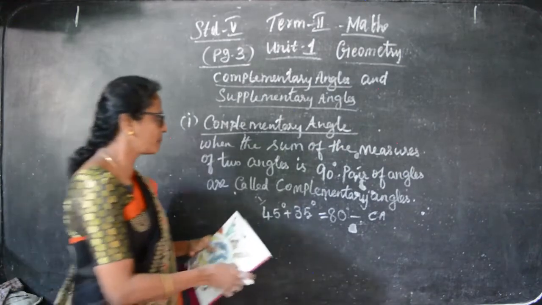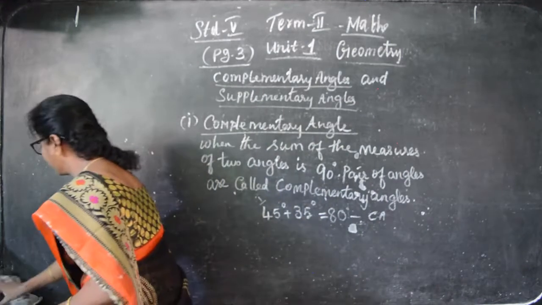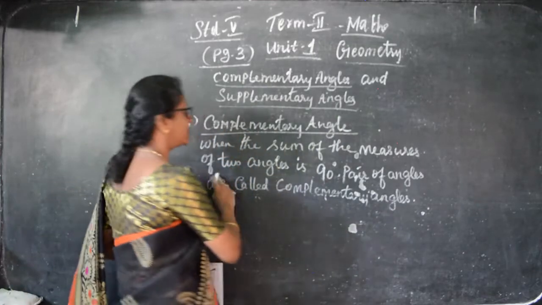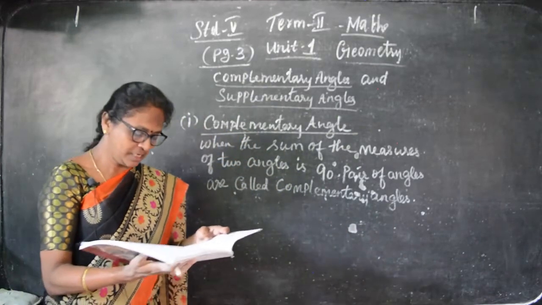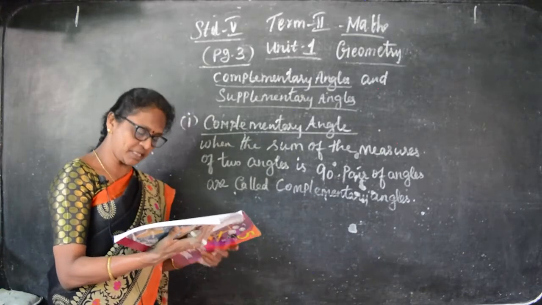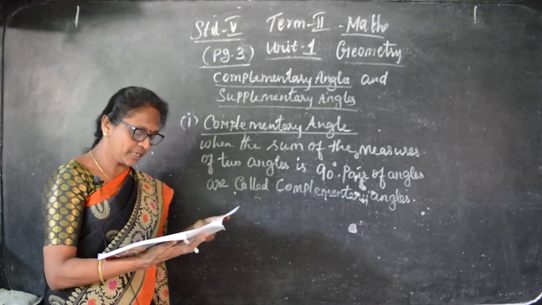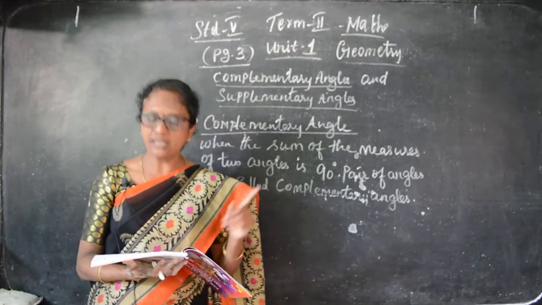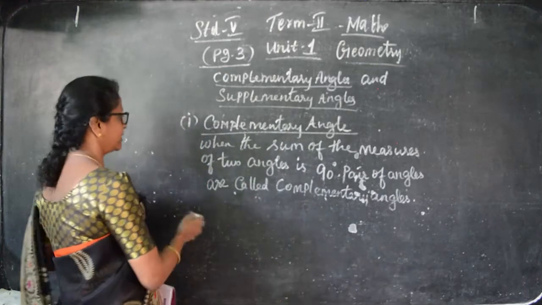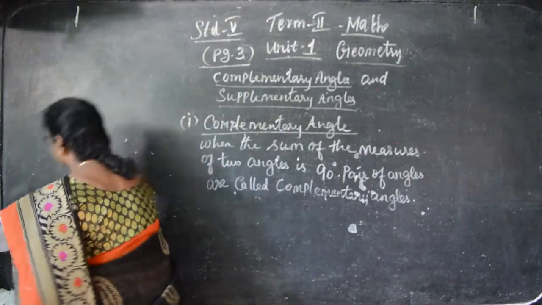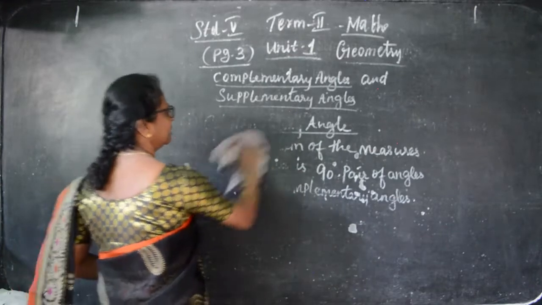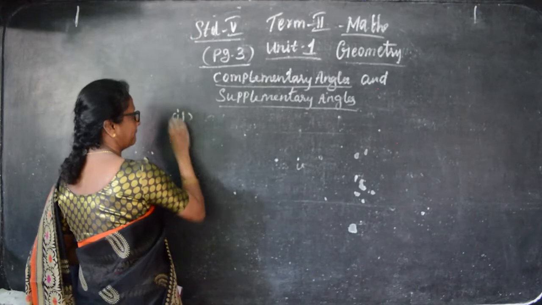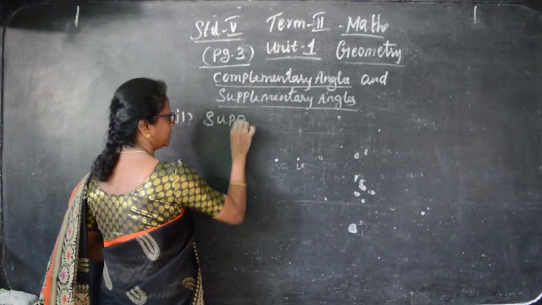180 degrees. Okay, when the sum of the measures of two angles is 90 degrees, the pair of angles are called complementary angles. Supplementary angle is when the sum of the measures of two angles is 180 degrees, that is called the supplementary angles. What do you mean by supplementary angles?